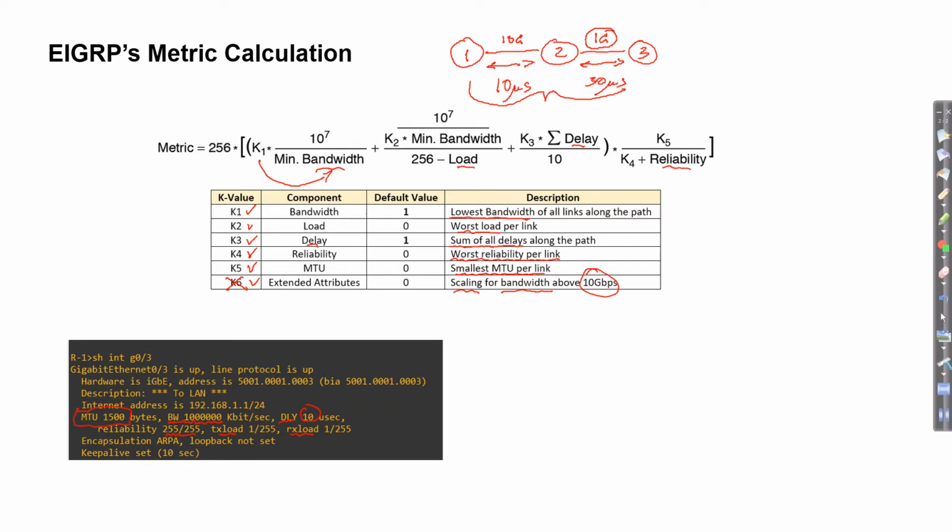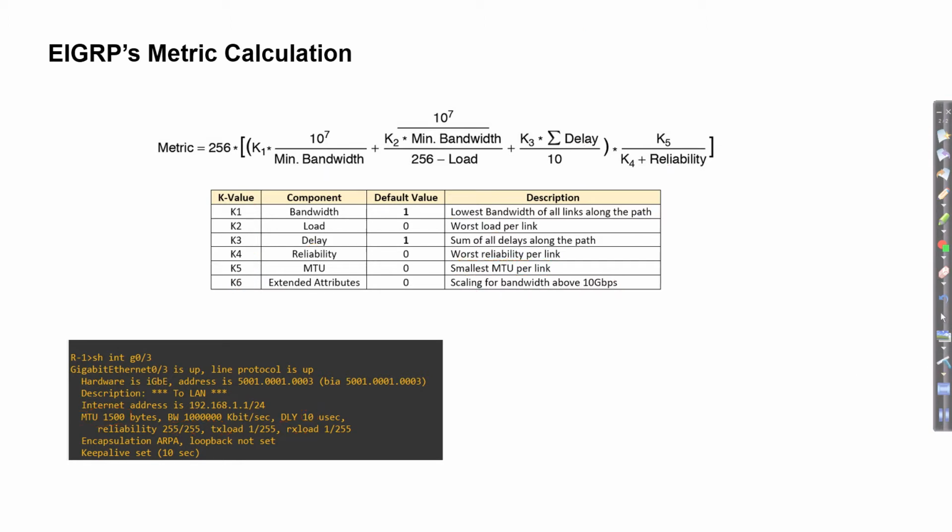Let's clean this up so we can continue with the default values. By default, EIGRP on Cisco devices has K1 and K3 as 1, where everything else is 0. So let's go back to this calculation to see which ones are actually in use.